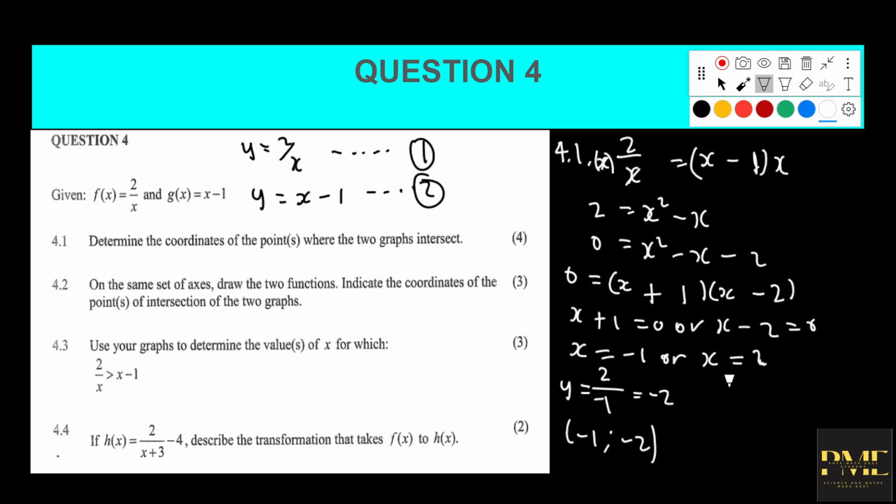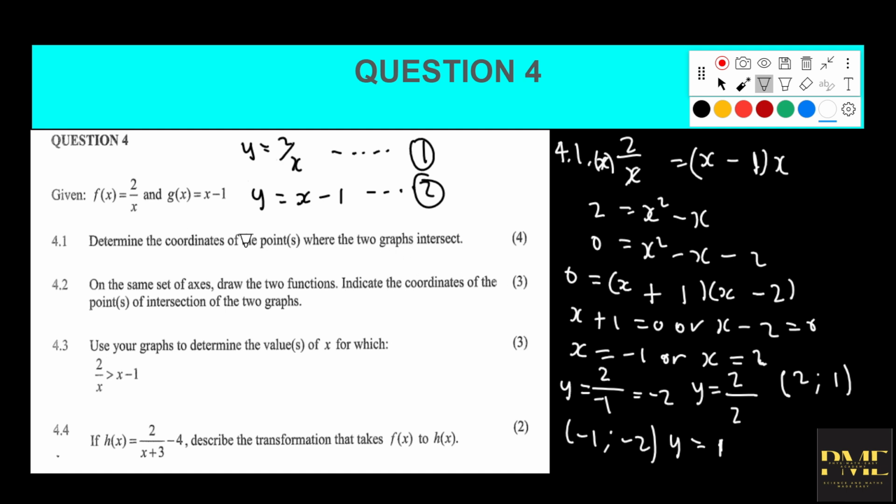Okay, and then I'm going to do the same thing over this side. So we'll have y equals, bringing back the 2 over, and where I see x I substitute 2, so 2 over 2, and then my y will be equal to 1. Okay, and then the second coordinates say that when x is 2, my y is 1. So these are my second coordinates.